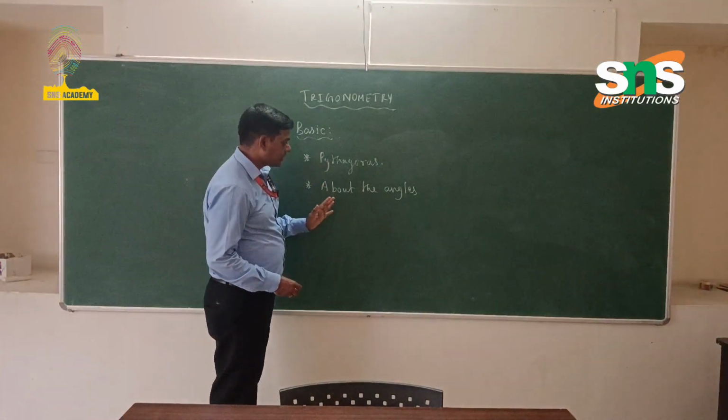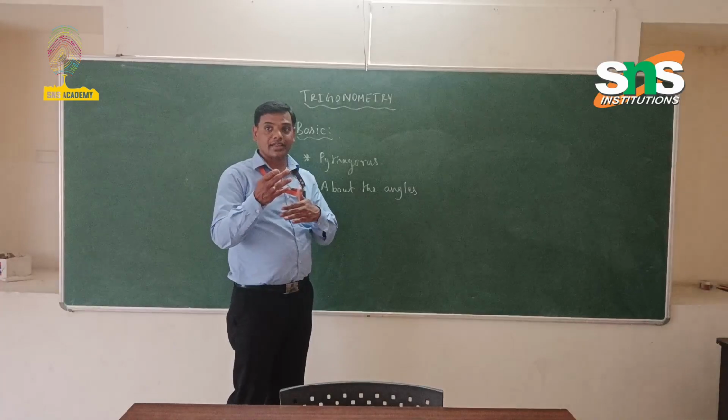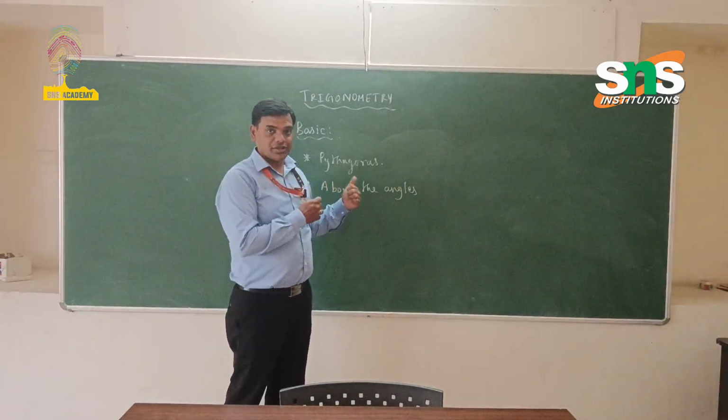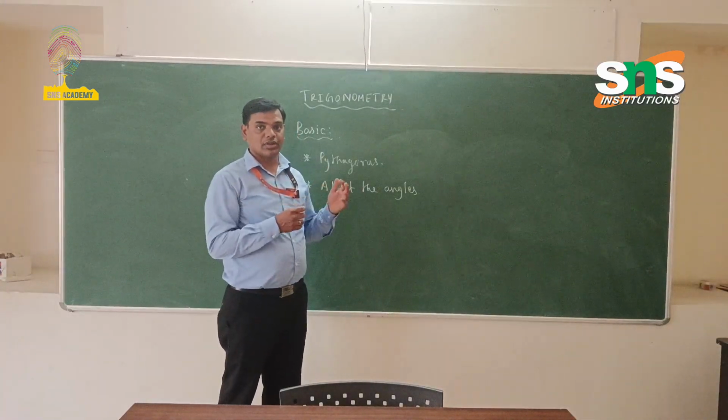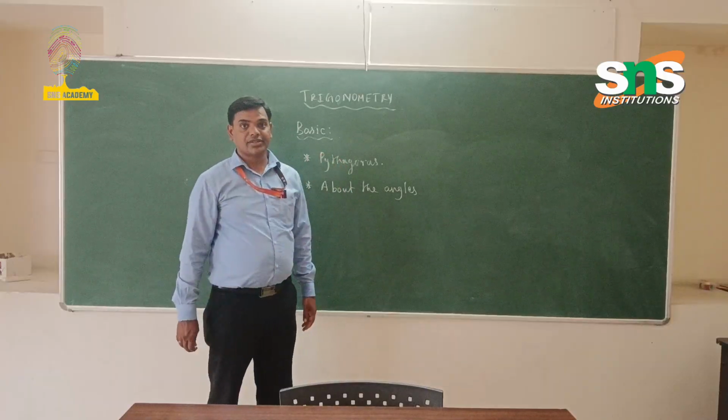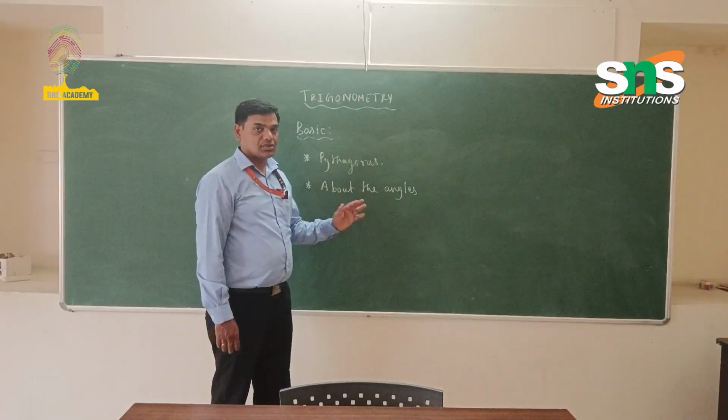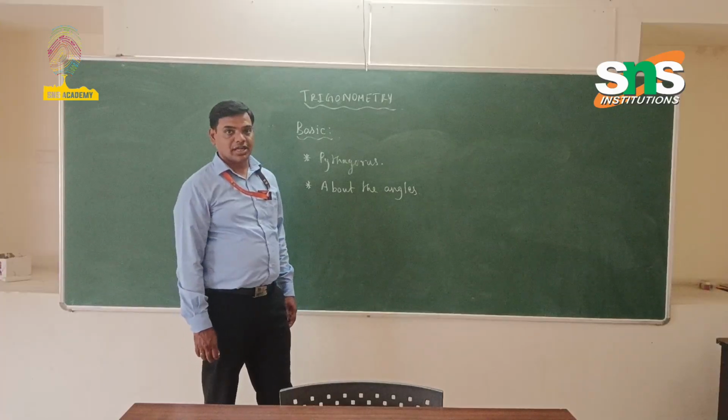Based on this trigonometry chapter, we study finding the trigonometry ratios, then trigonometry identities and some specific angles. This is what we will be discussing in this chapter.